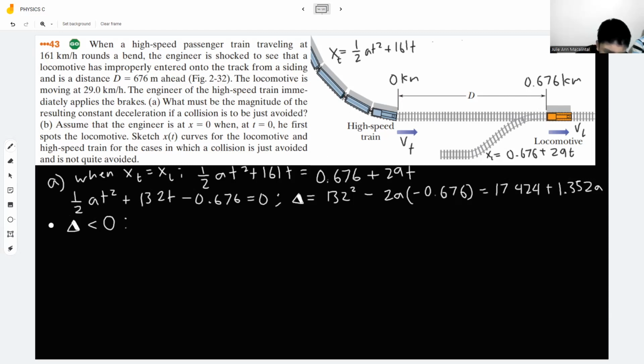And then wait, no collision. I think I placed it wrong. Collision.